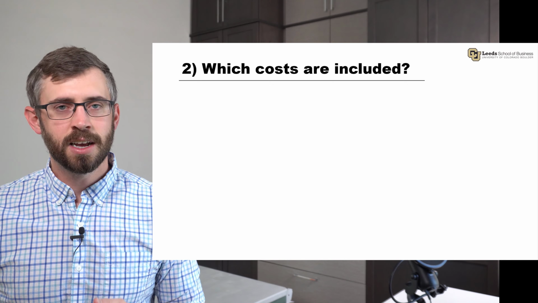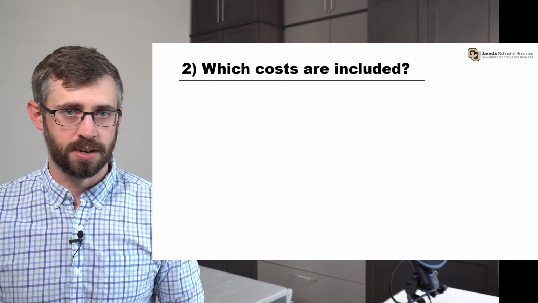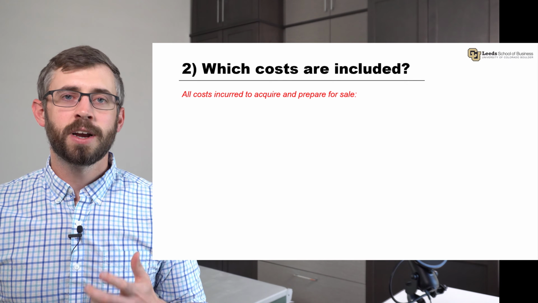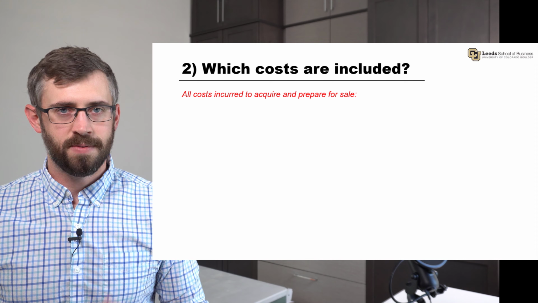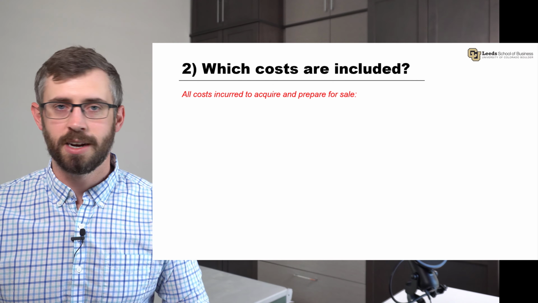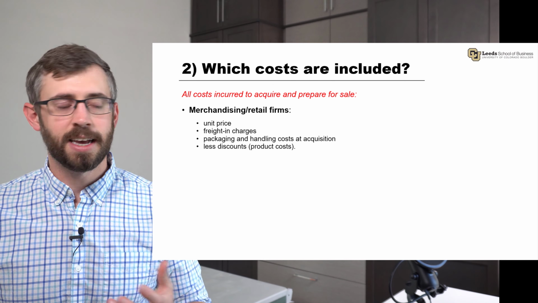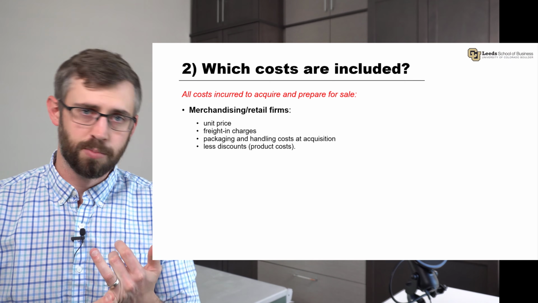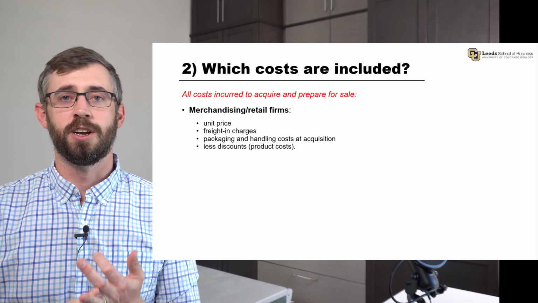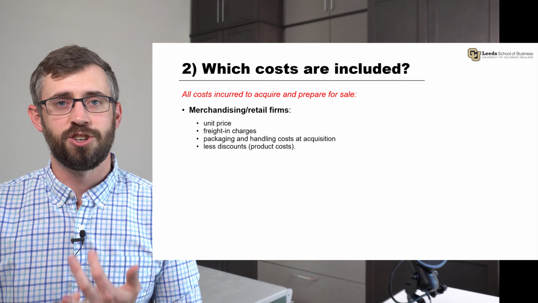So we've dealt with which physical goods get recorded in our inventory when they're in transit or in a consignment arrangement. And our second question then is which costs are included. Generally, we're going to include all of the costs that we have to pay to acquire and prepare our goods for sale. So for a merchandising or retail type firm, these could include the unit price, exactly what we pay. They could include freight charges that we have to pay to have it shipped to us.